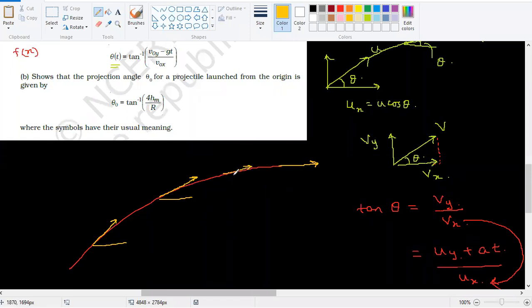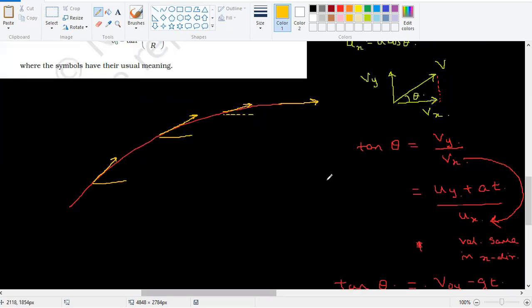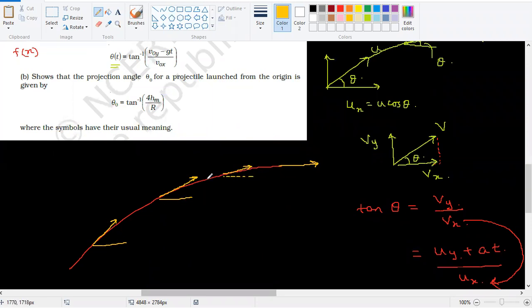So velocity direction with respect to the x direction keeps changing. That's what you're supposed to find, which is using Vy by Vx. That's all. Any doubts? So take down this diagram properly, only then you will understand that velocity direction keeps changing because it is tangential.